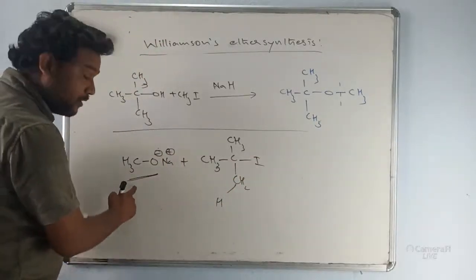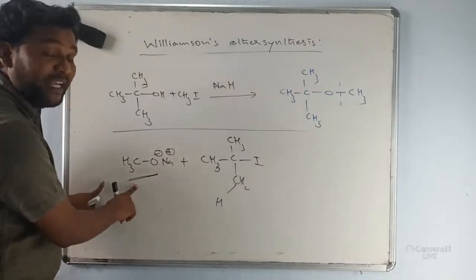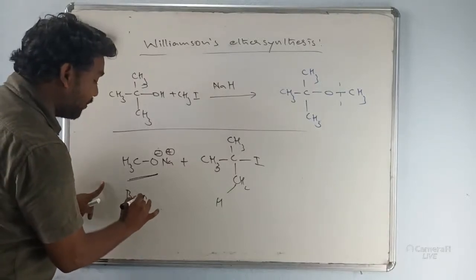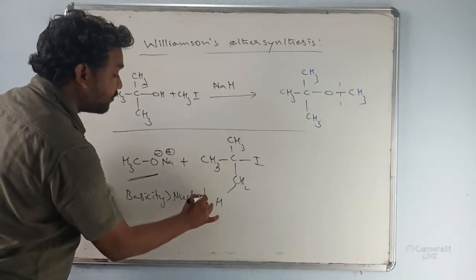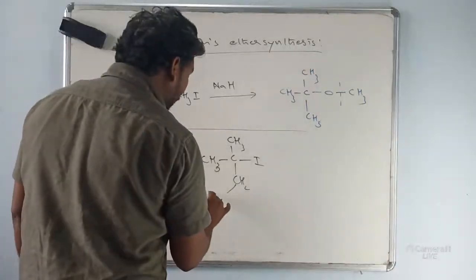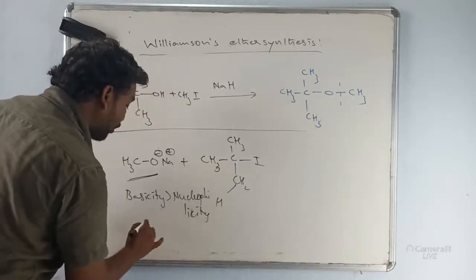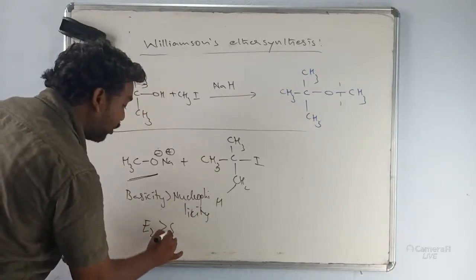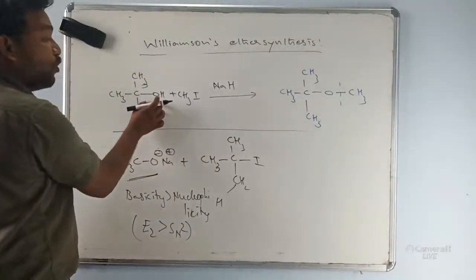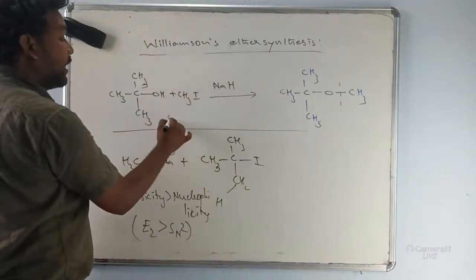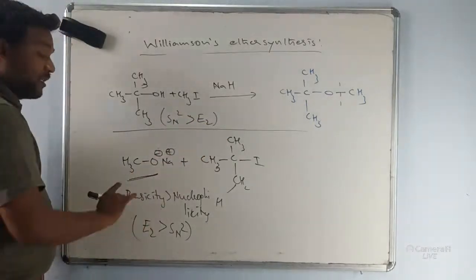Because here the alkoxide is strong, so its basicity is greater than its nucleophilicity. If the basicity is more, E2 elimination dominates over SN2 reactions. Where nucleophilicity is more, SN2 dominates over E2 elimination. Based on this relation you can write.